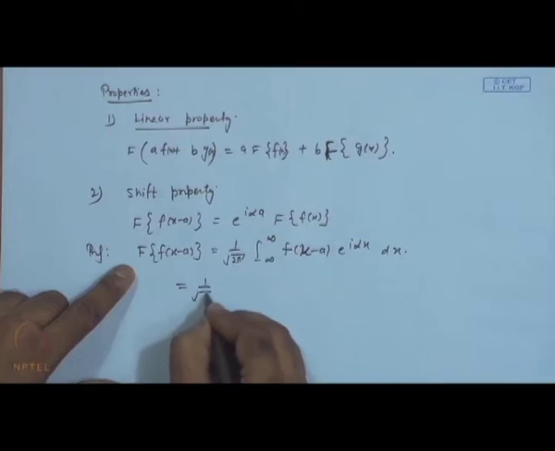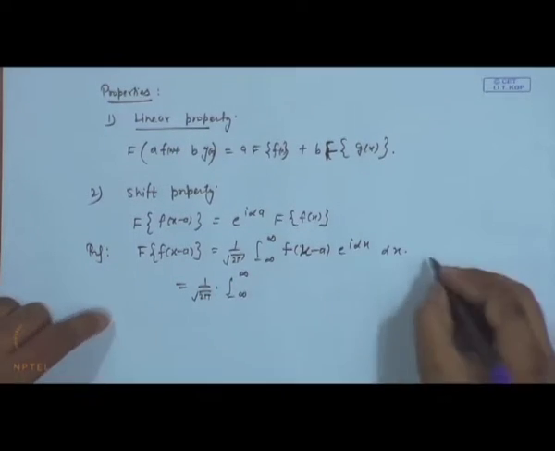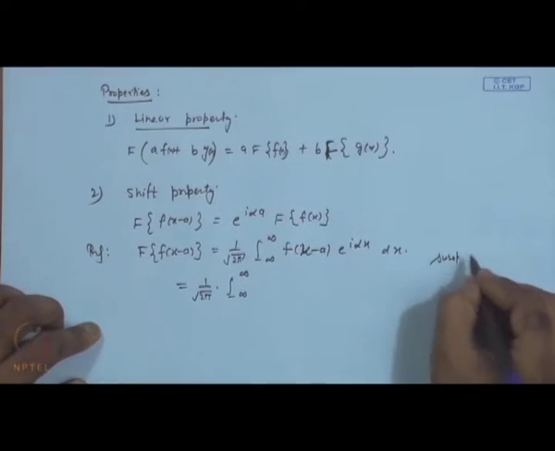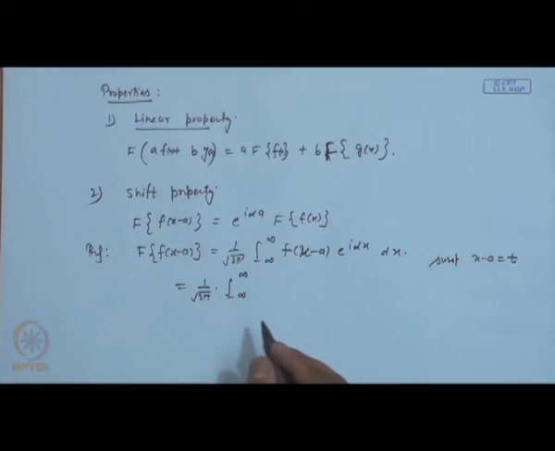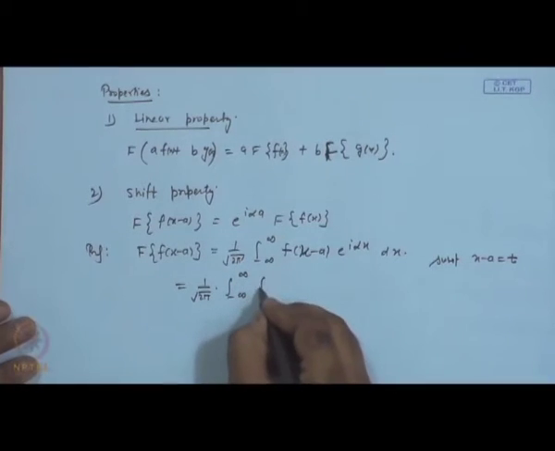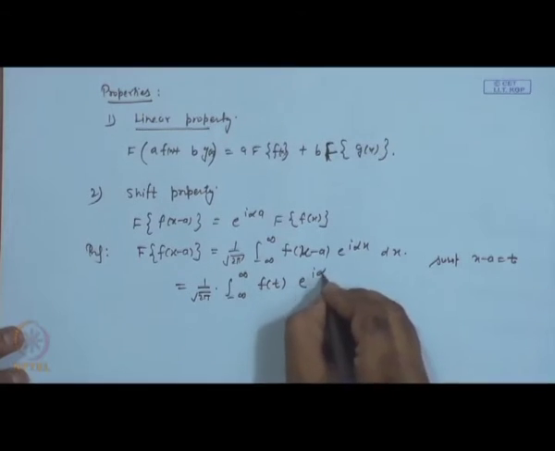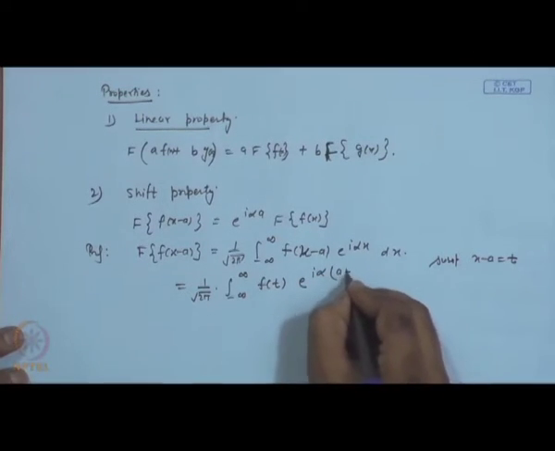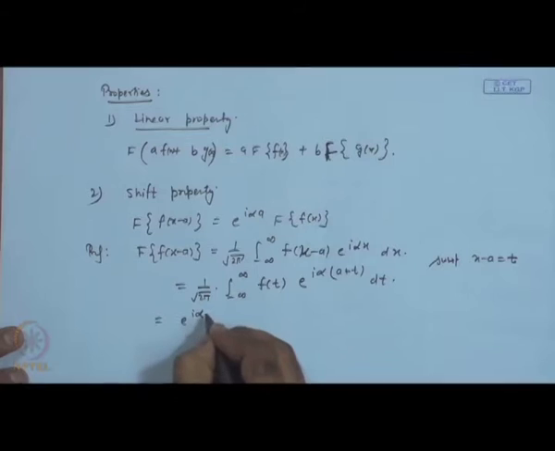So, 1 over square root 2 pi, minus infinity to plus infinity. If we substitute here x minus a as a new variable t, the limits will remain minus infinity to plus infinity, but here we will have f(t) now, and e^(i alpha(a plus t)) dt, and this e^(i alpha a) we can take out of the integral, that is constant with respect to t.